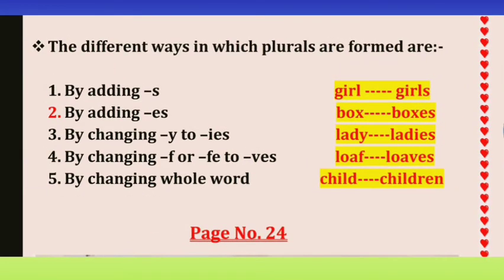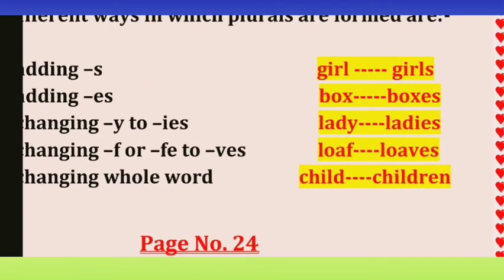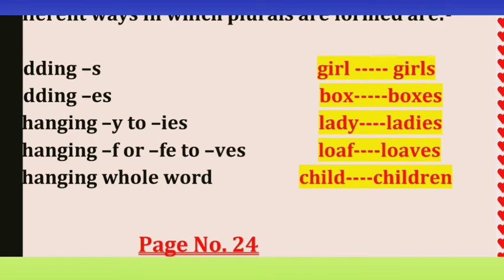Fourth way, by changing f or fe to ves. Students, some words in English end with the letter f or fe. For example, loaf. See what is coming at the end? F is there, but loaf is the singular form.